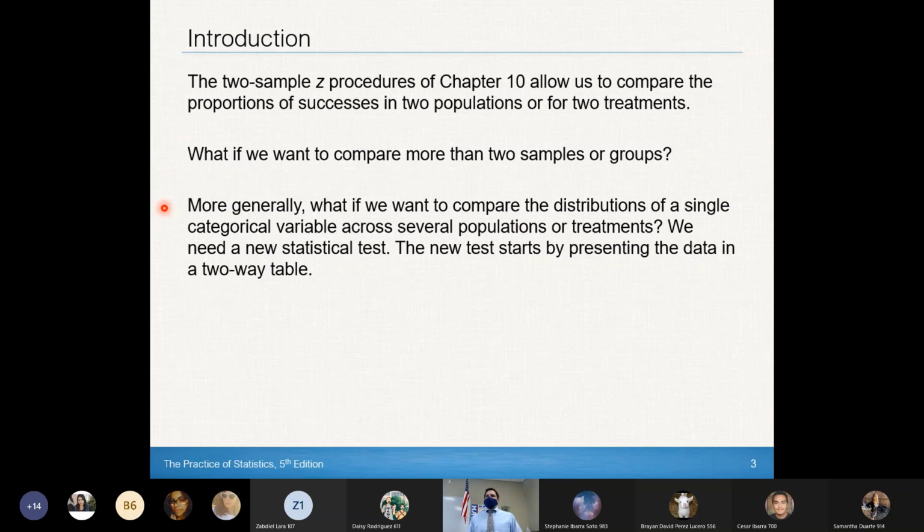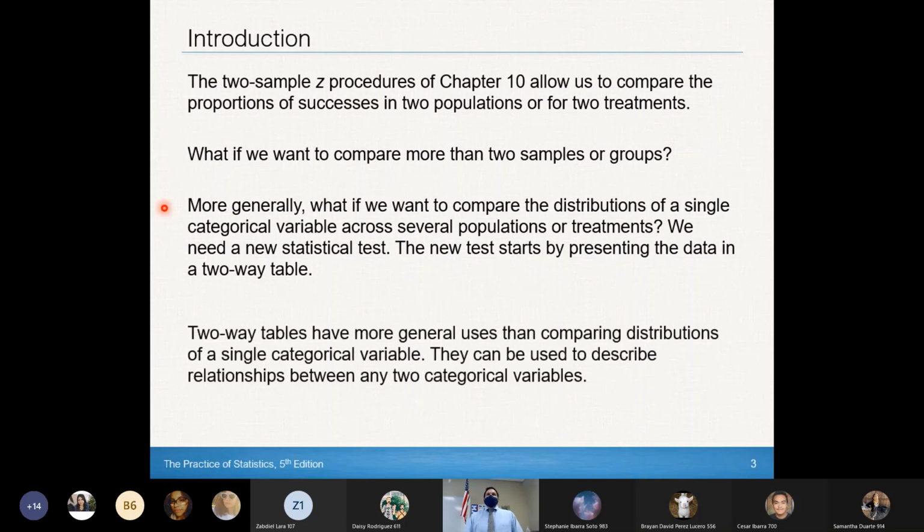We need a new statistical test. The new test starts by presenting the data in a two-way table. Two-way tables have more general uses in comparing distributions of a single categorical variable. They can be used to describe relationships between any two categorical variables.